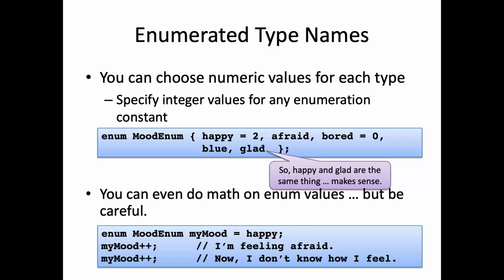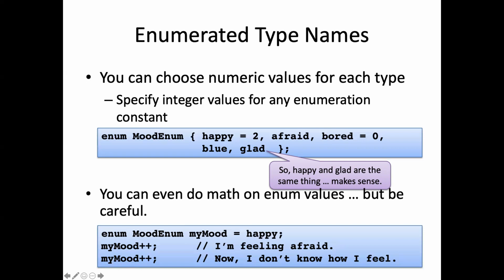So if I set mood to happy and then I increment it, well, I guess now it's going to be afraid. I can even overflow. If I add 1 to it after that, well, now it's going to have a value of 4, but that doesn't correspond to any of the names. So after the second increment, my mood isn't going to match any of these values.